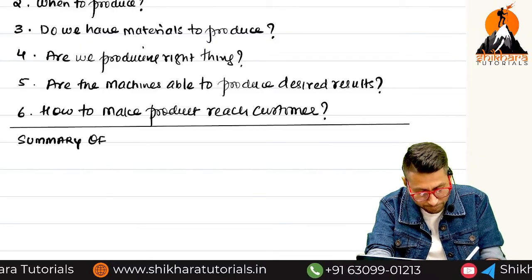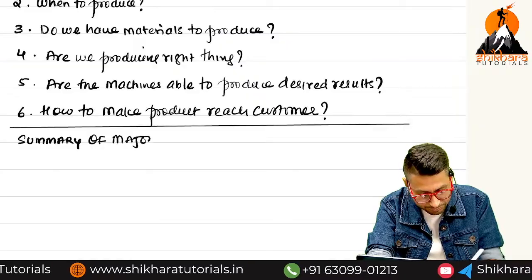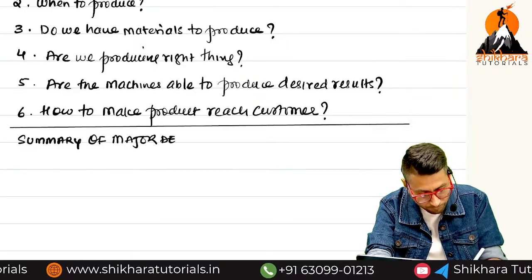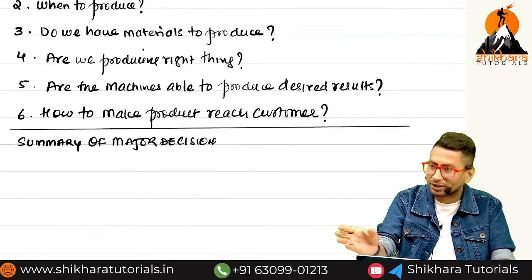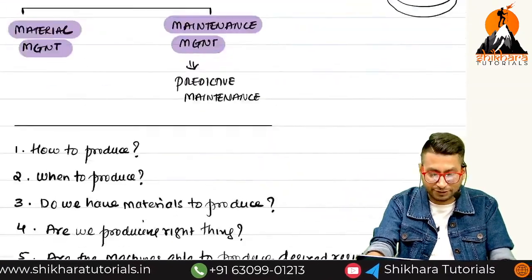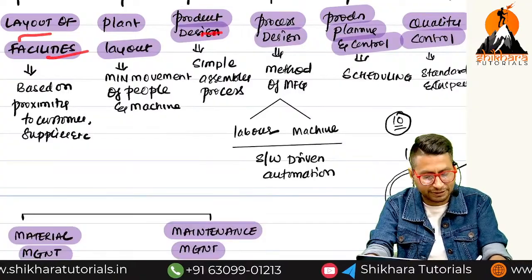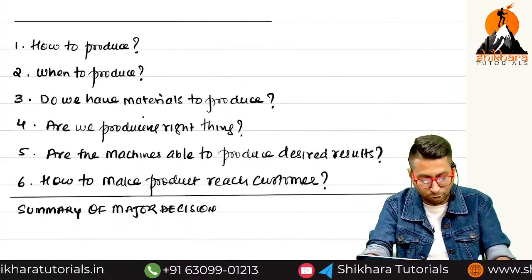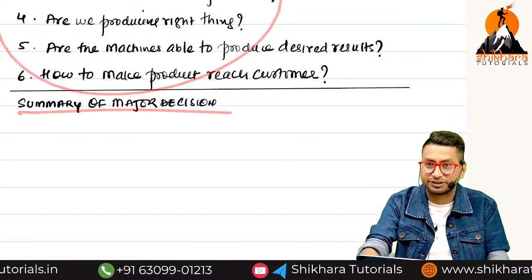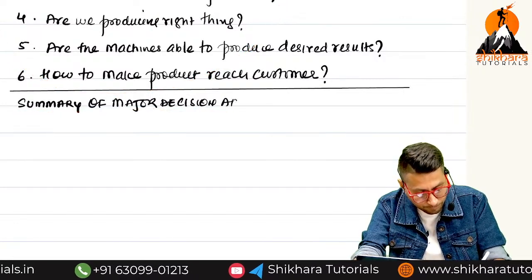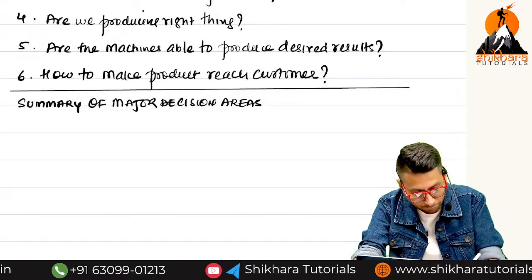Summary of major decision areas. All these points you have to write. If they ask about production and operation facilities, first you will write these points, subheadings only, nothing else. Plus you will write the summary of major decision areas.